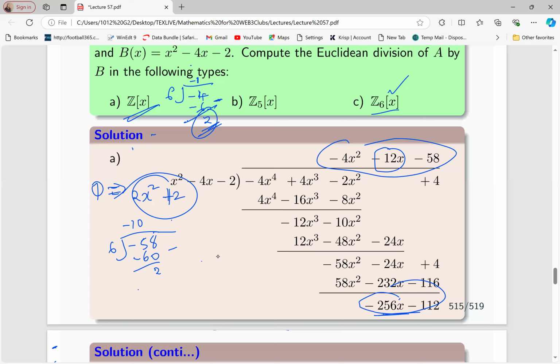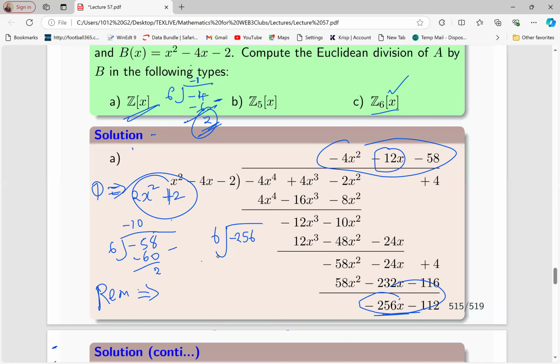Now we reduce it mod 6. We are doing it mod 6 now. I have negative 256. Negative 256 divided by 6, when I do that with my calculator, what I get is negative 42.666.